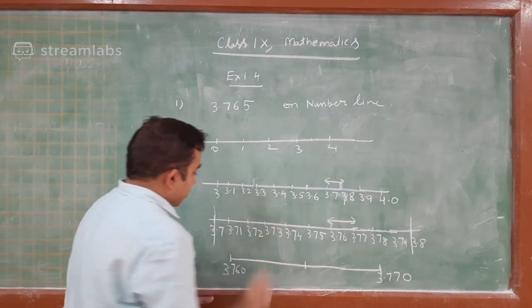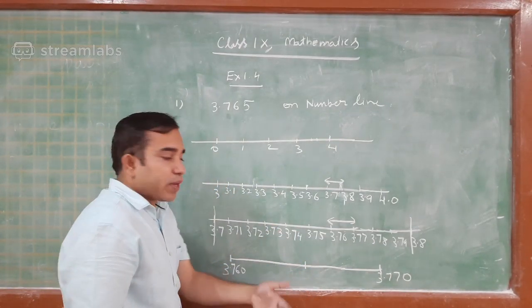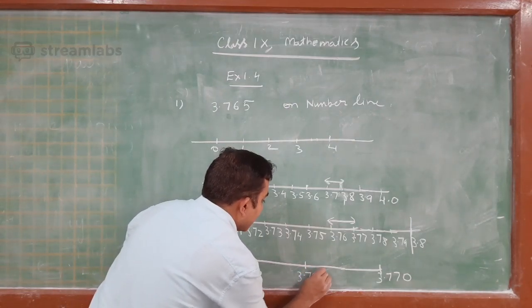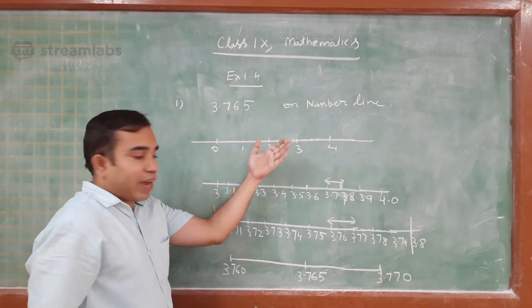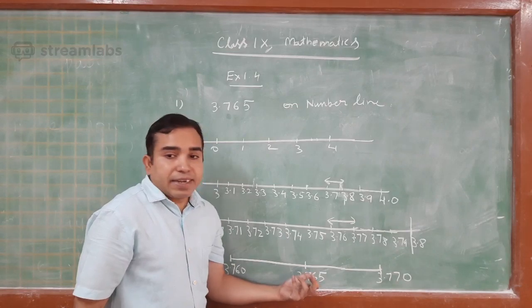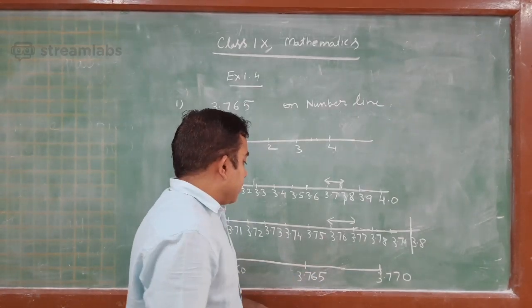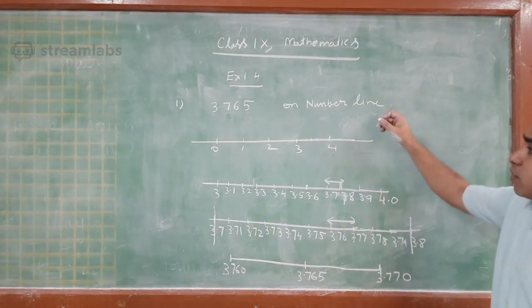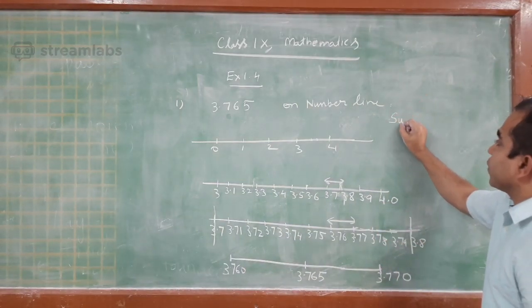Now in between 60 और 70 के बीच में क्या आएगा? 65 आएगा. So in between will be 3.765, है ना? मुझको 765 शो करना था, मैंने बाकी लिखे नहीं. So directly in the center it will appear. Now the next question. The method is called successive magnification.